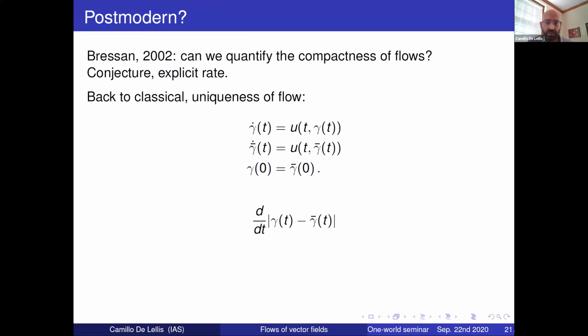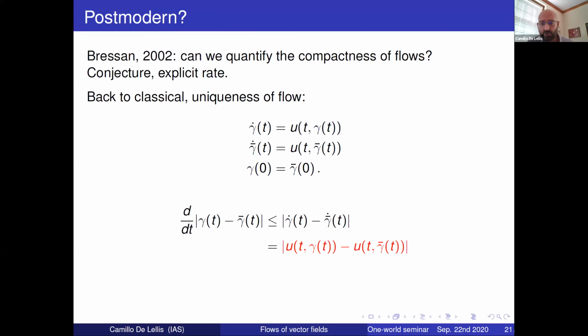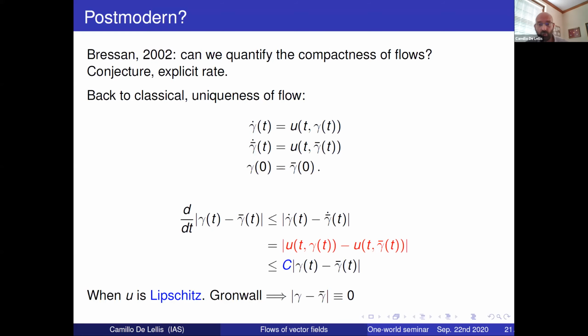In fact, here's the computation. If you differentiate, you just get this obvious inequality. And now once you are a solution, you can rewrite your inequality in the following way. And now if you're Lipschitz, the Gronwall lemma is going to tell you that for solutions starting at the same point at the initial time t equals 0, you must have uniqueness.